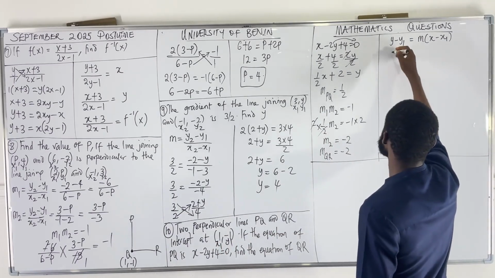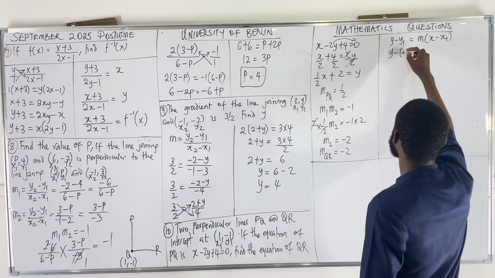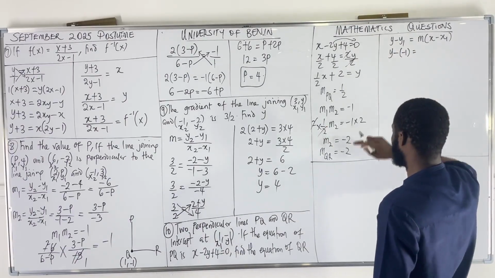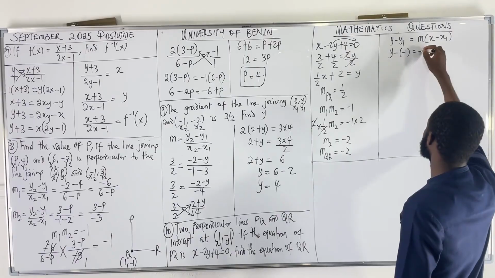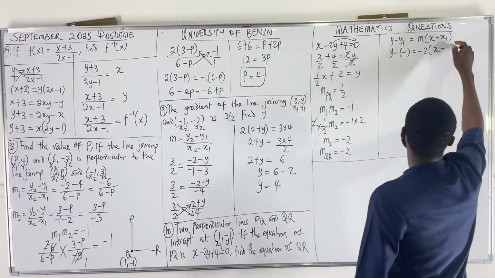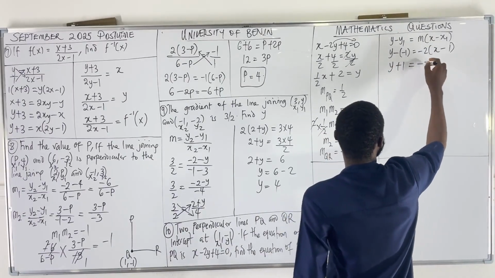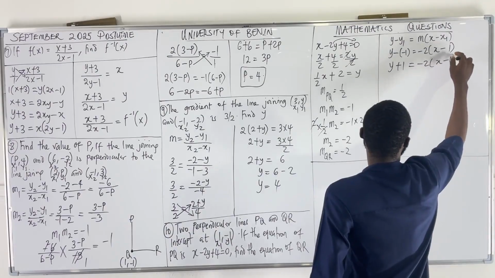So y minus y1 is minus 1, so put a bracket minus 1. M is minus 2. That's the gradient. And then x minus x1 is 1. So this is y plus 1 equal minus 2 into x minus 1.